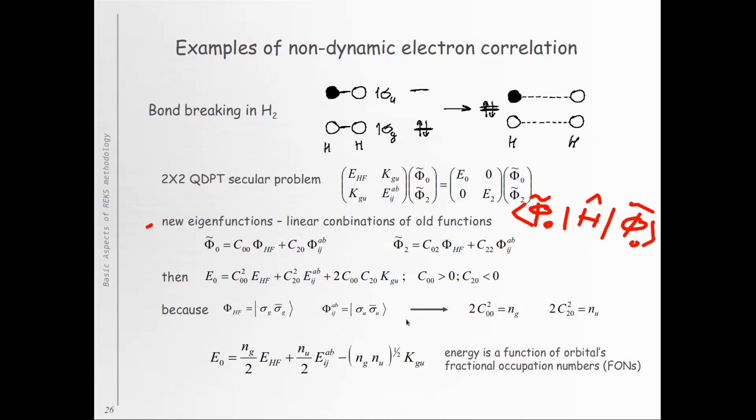I will see simply that in the case of the ground state I have cosine times minus sine, then in the case of the doubly excited state I will have cosine times sine of a certain angle. Therefore, I have minus for the ground state and plus for the doubly excited state. This will, in general, give me both solutions, E0 and E2, of the 2 by 2 secular problem.